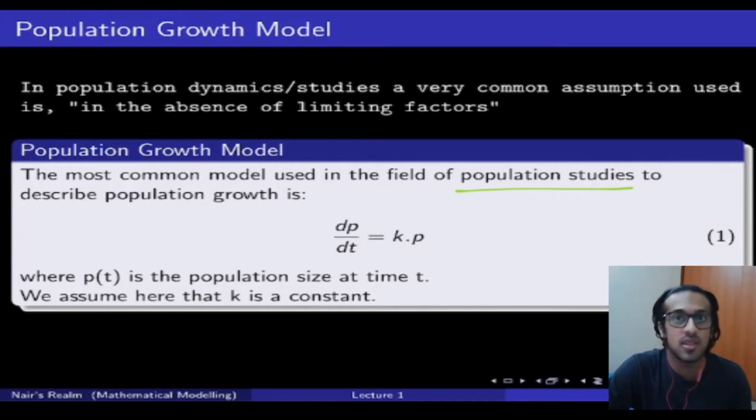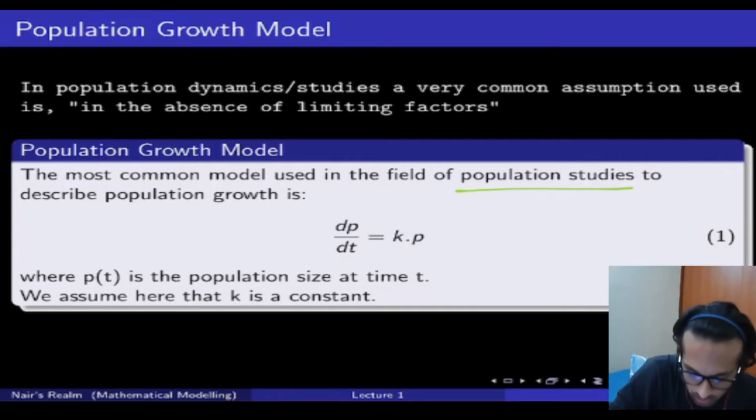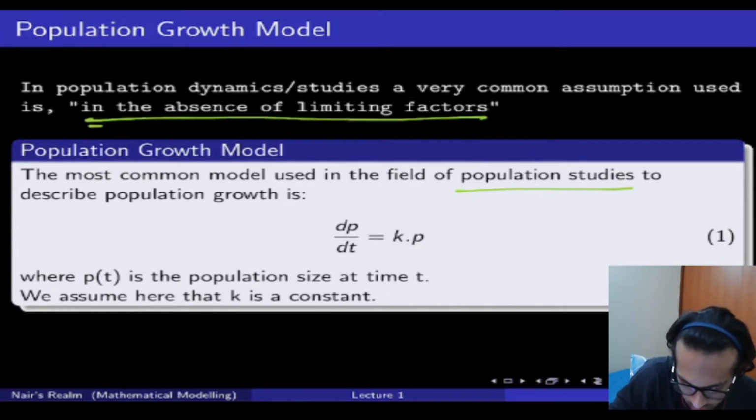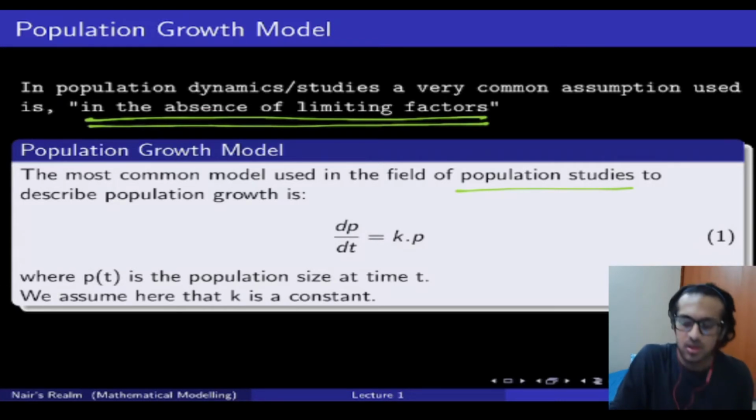What I mean by that is they never considered the possibility that we may run out of resources, or that there may not be enough resources for everybody. That is the very important assumption that was made while making this mathematical model.